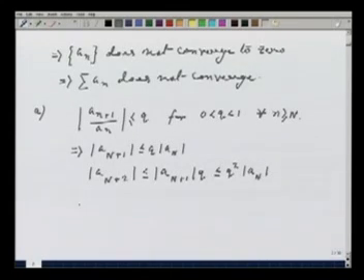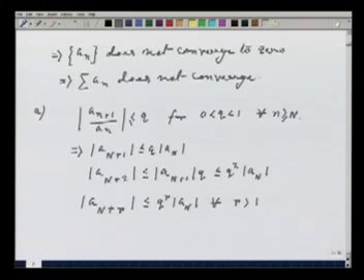This way I will get finally that mod a_(N+r) is less than or equal to q to the power r times mod a_N. This is true for all r bigger than or equal to 1.